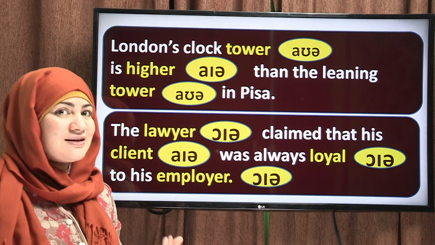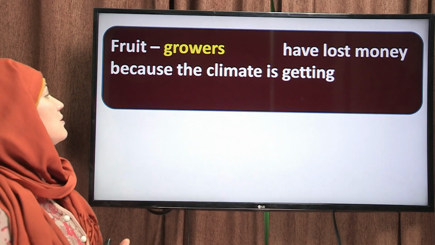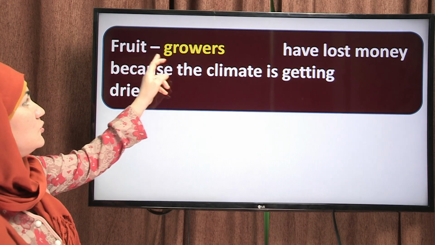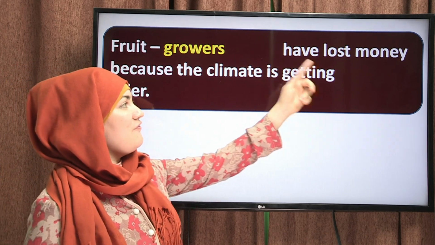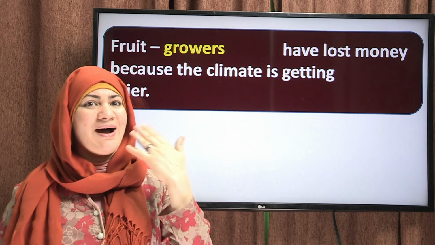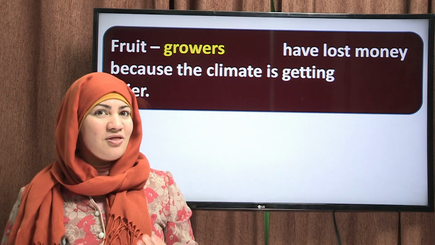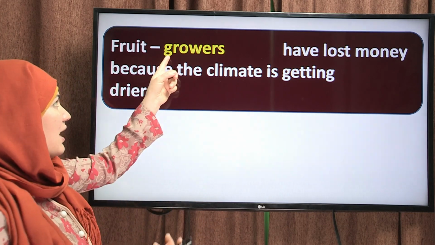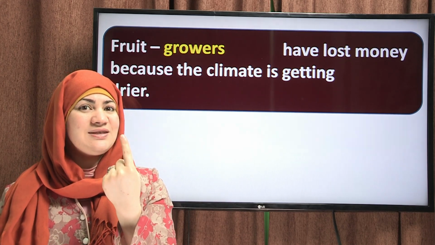Let's see together the next practice. Yes, another sentence. Fruit growers have lost money because the climate is getting drier. We read the words, then we see how we pronounce them. We have growers. How do we pronounce it?